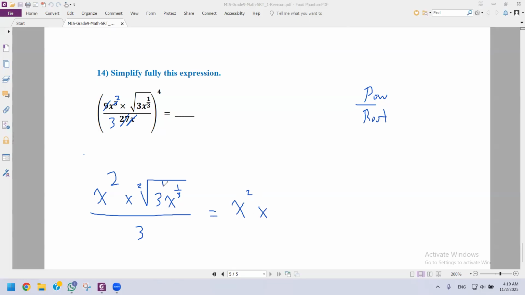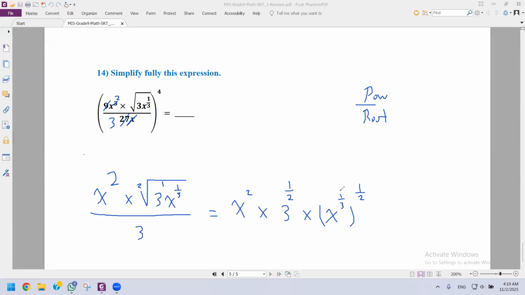Power of 3 is 1. And then over 2. So I will write 3 power 1 over 2 times, now x, what's the power of it? 1 over 3. And put it in a bracket. And the square root is already 1 over 2. Or you can say 1 over 3 over 2.